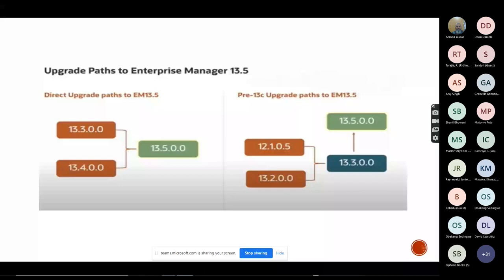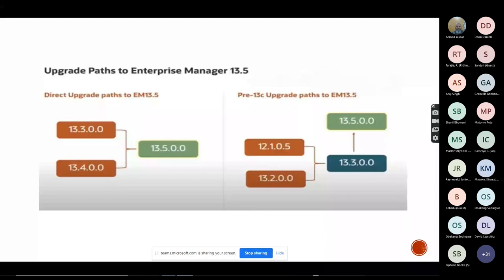So there are two methods where, if it is on a version lower than 13.3, Oracle Enterprise Manager has to be updated in two steps. And there is one direct update path: if your Enterprise Manager is on 13.3 or 13.4, you can directly upgrade to 13.5.